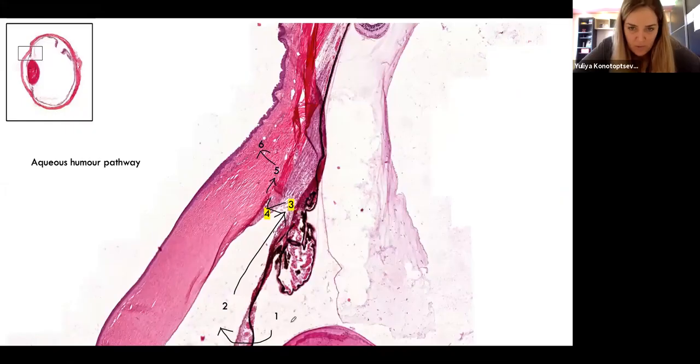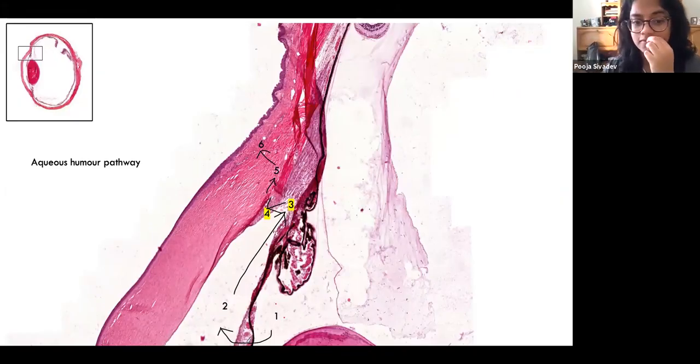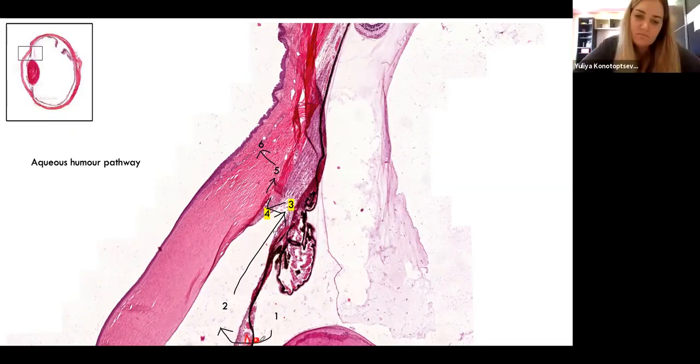Let's do the aqueous humor pathway quickly. So one is the posterior chamber. 1A is the iris. Pupil. Okay, we cannot see it here, but somewhere through the pupil, right? So somewhere here, it's the second part.